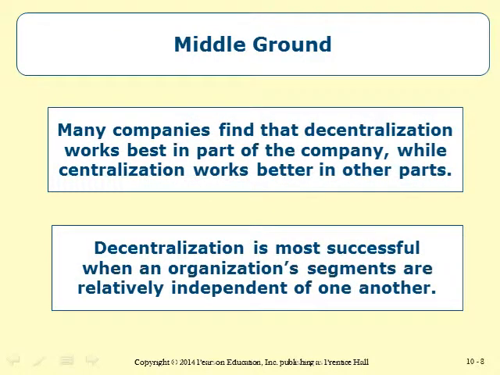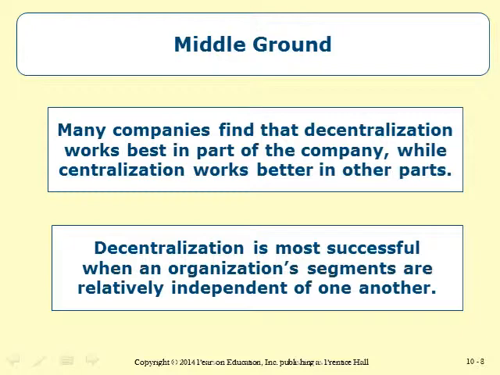Organizations make many choices along the centralization-decentralization continuum, and the optimal choice for one organization is likely to differ from the optimal choice for another. Decentralization is most successful when an organization's segments are relatively independent of one another, that is, when the decisions of the manager in one segment will not affect other segments. And also what we see is that organizations tend to move in patterns.